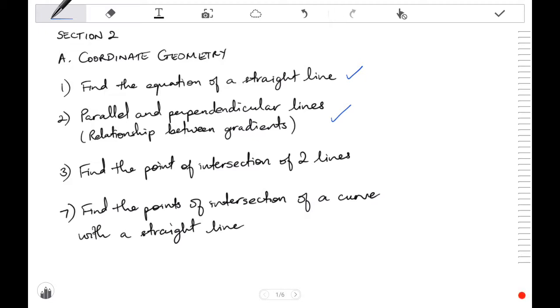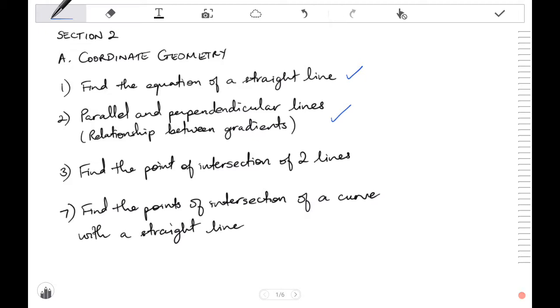Alright, so if you recall, one of the applications of solving simultaneous equations is that we could find the point or points of intersection, right? So this is just looking at it from a different perspective. In order to find the point of intersection of two lines, we just take the equations of the two lines and we solve simultaneously.